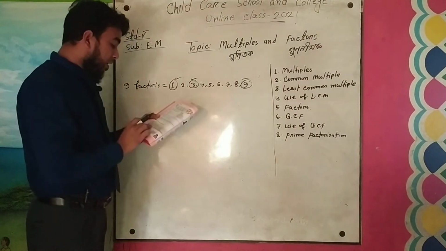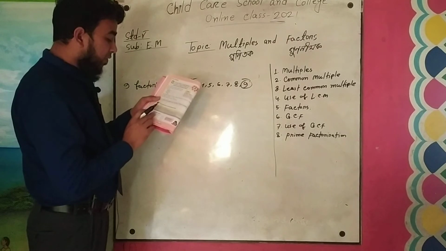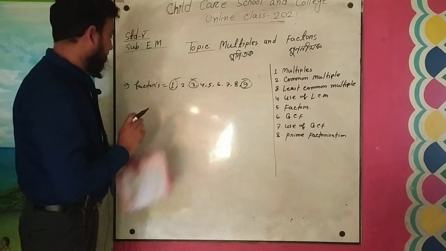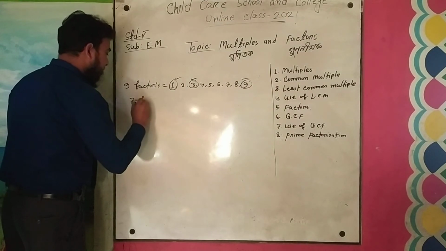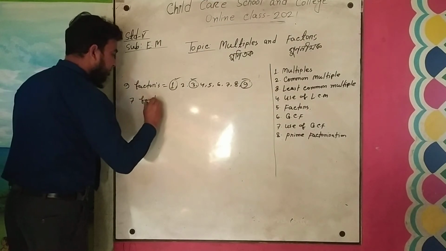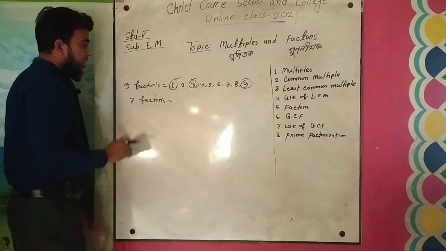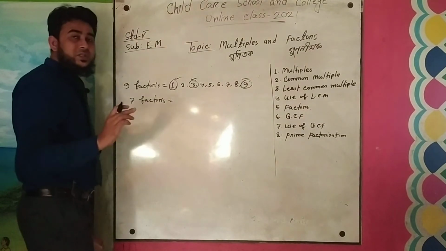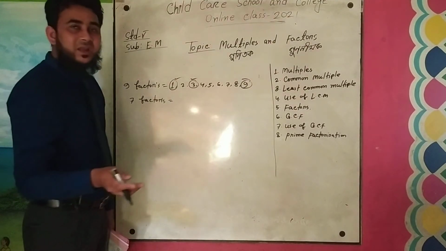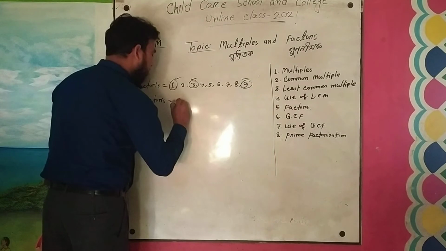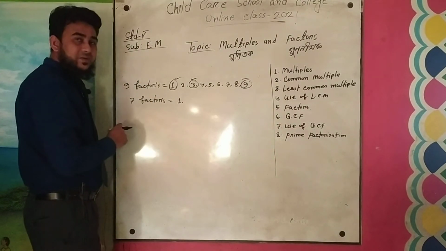There are a lot of examples about this. Now come to the next page. Write the factors of 7. Look, if we write the factors of 7, by which number can we divide 7? You know that any number we can divide by 1. So firstly 1 will come. Then by which number can you divide 7?